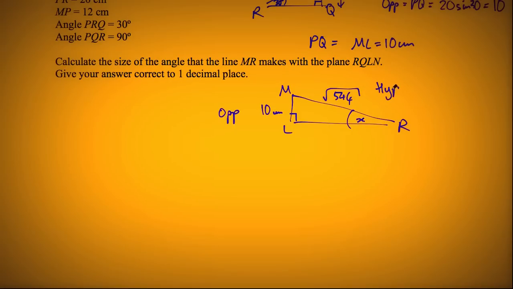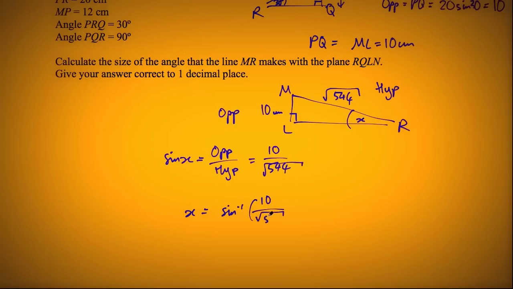Haven't had to use the adjacent at all. So sine x equals opposite over hypotenuse, which is 10 over root 544. So angle x is inverse sine, sine to the minus 1, of 10 over root 544.